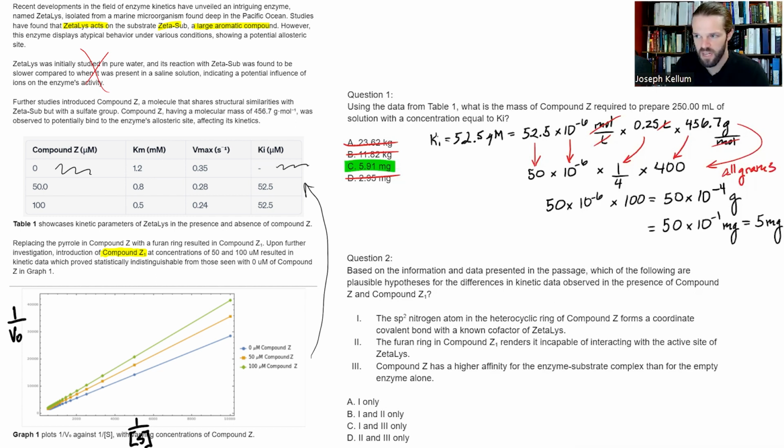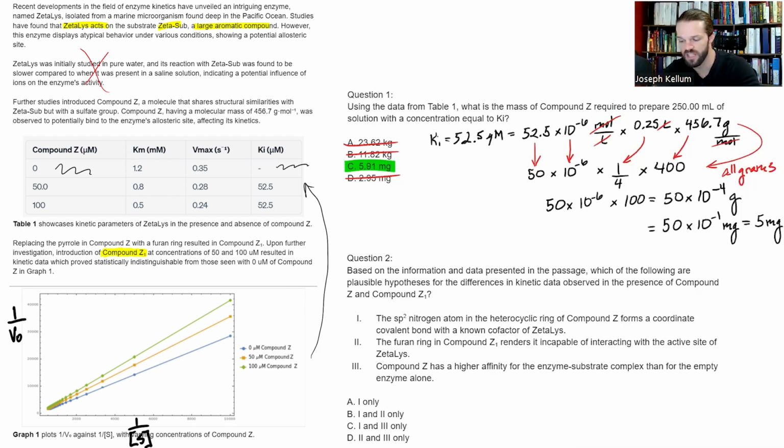Heme in hemoglobin is one of the best examples. Cobalt does this a ton. We don't know what all is happening in zeta lyse. We don't know anything about cofactors of zeta lyse, but what we do know is cofactors are metals. And we also know that this nitrogen does have a lone pair, and it is sp2 hybridized.